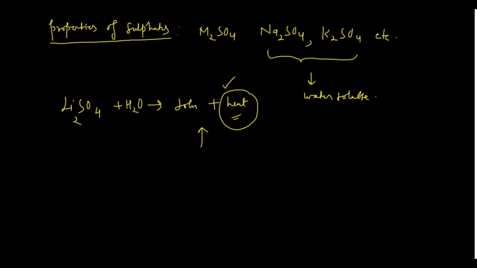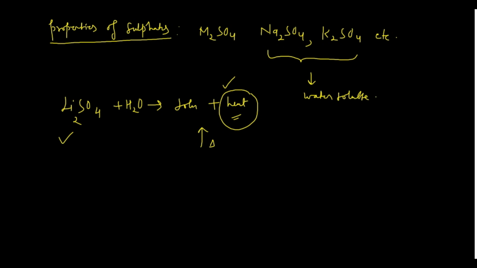If you supply heat, if you heat it again, then the solubility of lithium sulfate decreases. However, in some textbooks you will also find that lithium sulfate is not soluble while other sulfates are soluble. It is not true. It is less soluble, but solubility further decreases when you heat the system. Okay, this is again an important point to remember.